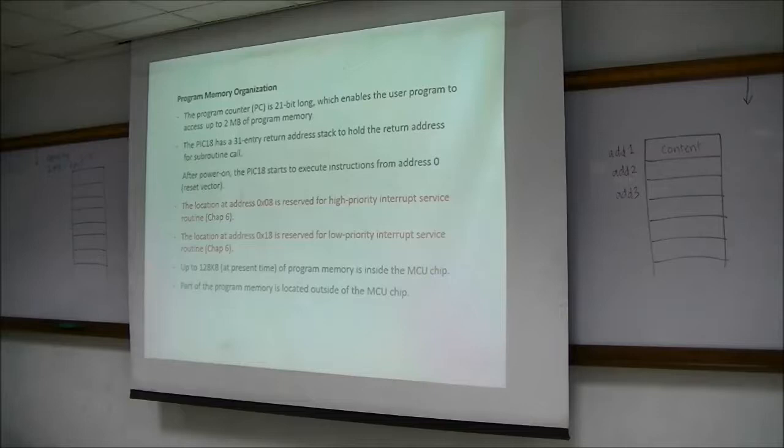You didn't know this? So 1K is actually 1024, and mega means 1024 times 1024. So 2 megabyte means what? How many bytes do we have? Can you do 2 times 1024 times 1024?